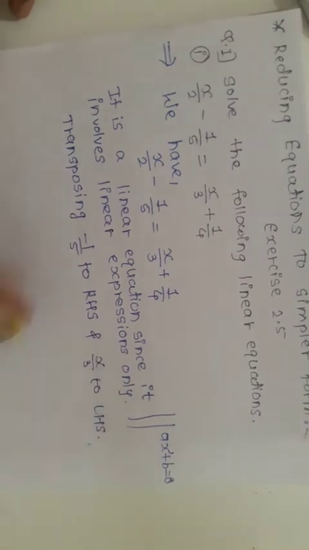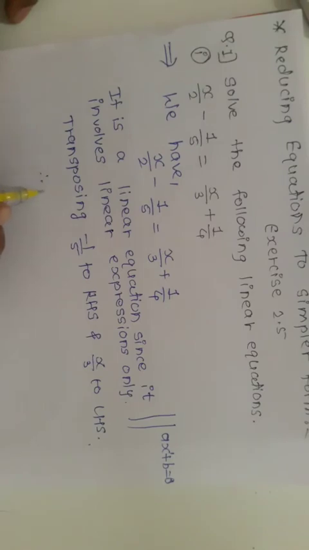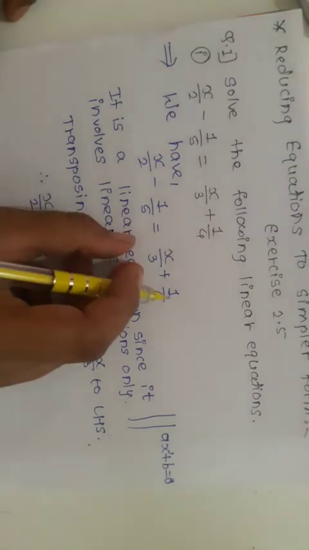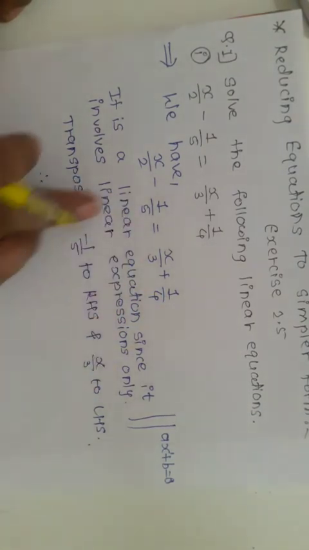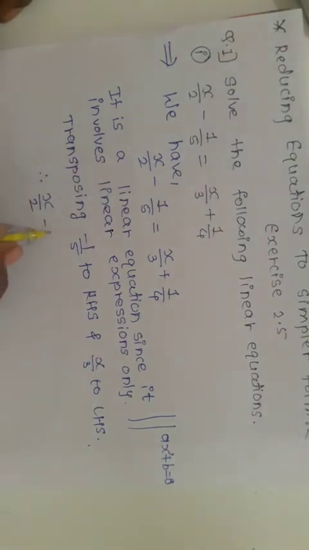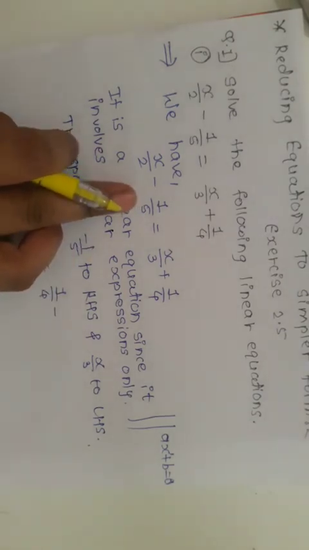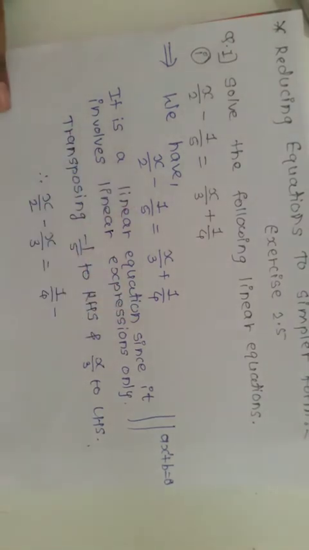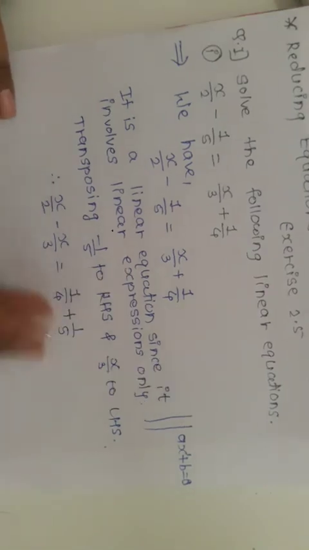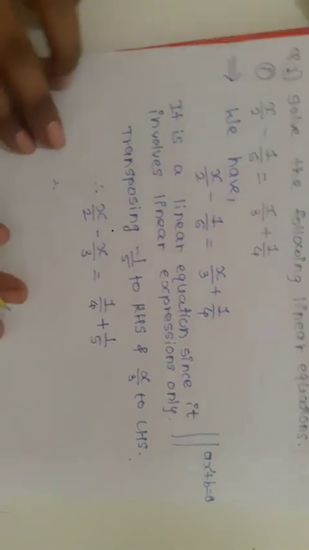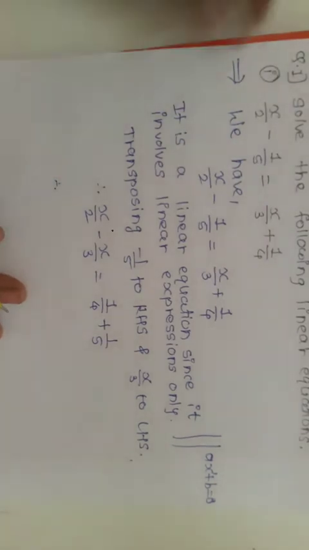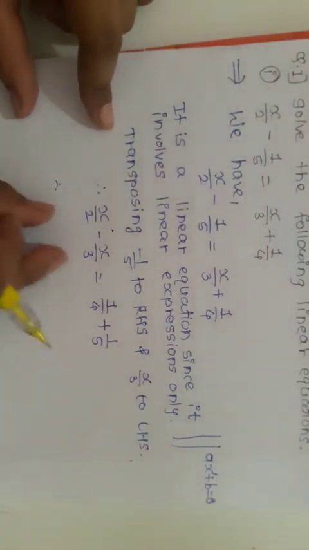So x upon 2, x upon 3 is positive, when we transpose this to LHS it becomes negative, minus x upon 3 is equal to 1 upon 4 minus 1 upon 5. This term is negative here, when we transpose it to RHS it becomes positive, 1 upon 4 plus 1 upon 5.